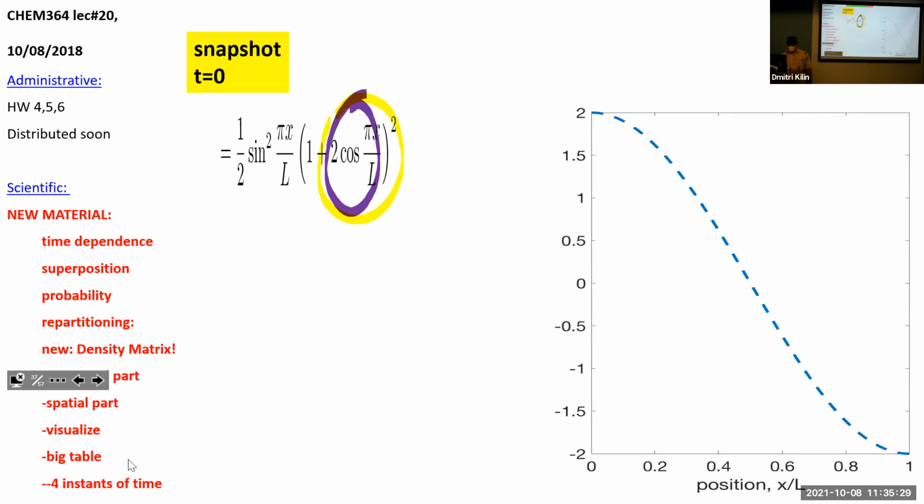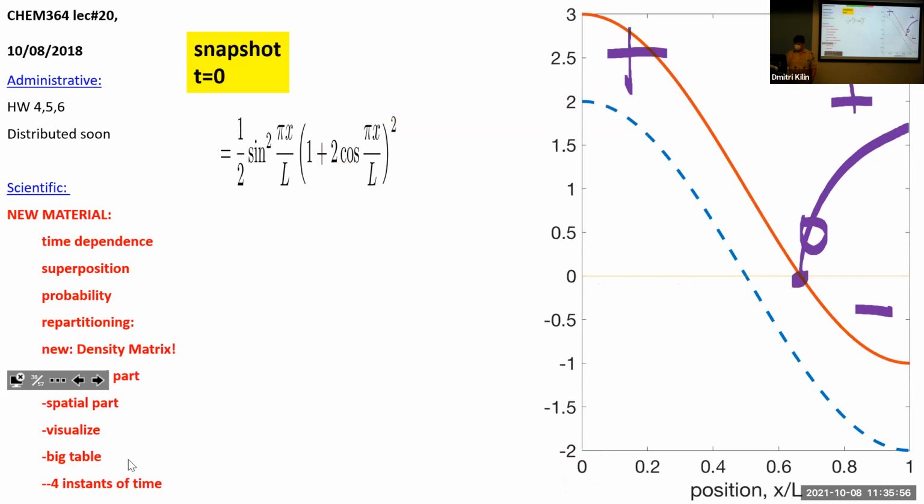So if I look onto the first snapshot, I may focus on the double cosine. Then it will start at 2 instead of 1, right? So we just multiply it by factor 2.